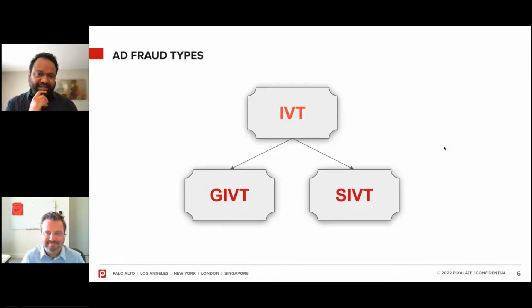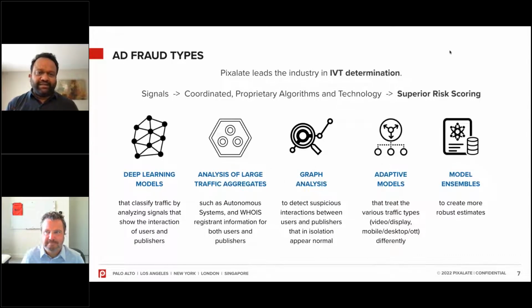And if you go to the next slide, it gives you a little more context around the kind of things that we do to solve this problem, right? So basically, we are a market leader in IVT determination in the industry, and we use this whole range of technologies and algorithms to take the signals that come in and really process those.